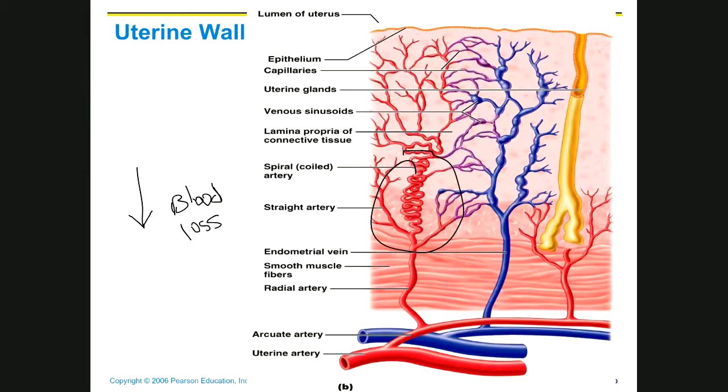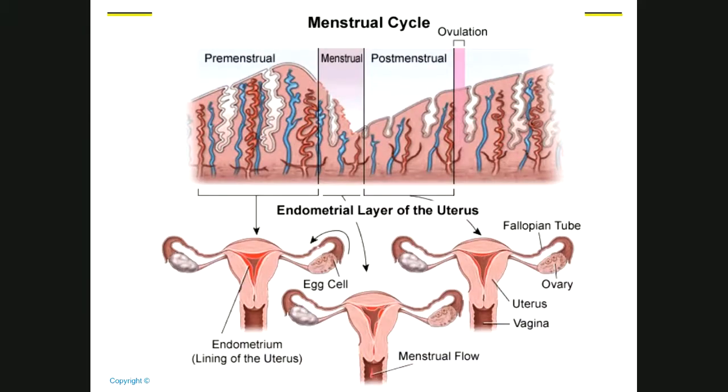So the chance of a female bleeding to death during menstruation is very, very low, because a clot forms pretty easily on these spiral arteries. But look, this is what happens. So it grows, becomes secretory, sloughs off. Grows, becomes secretory, sloughs off. Grows, becomes secretory, sloughs off.